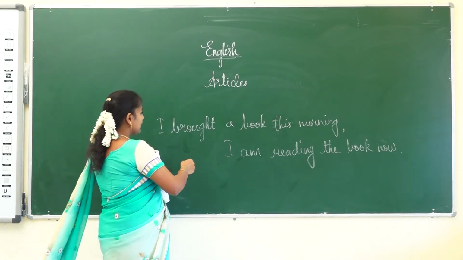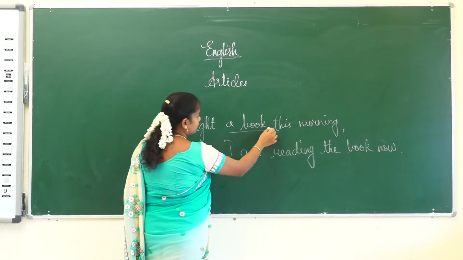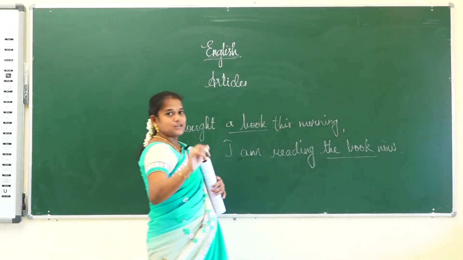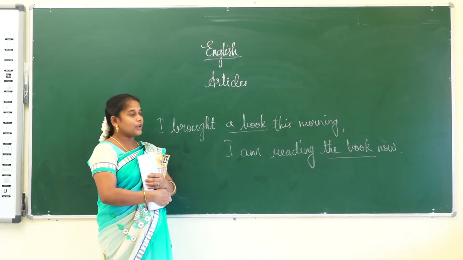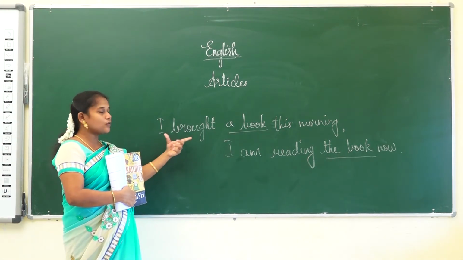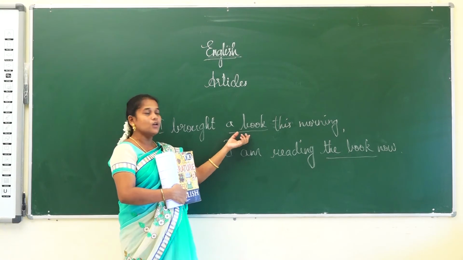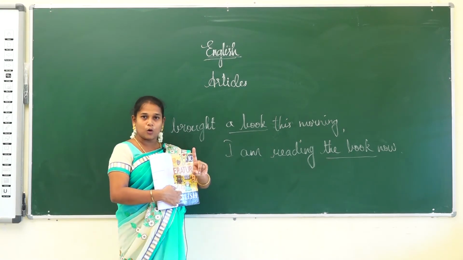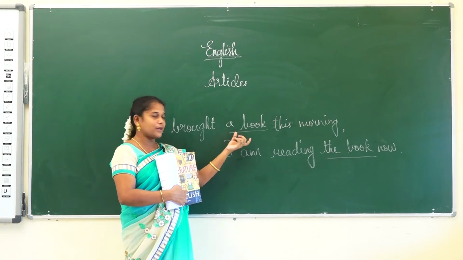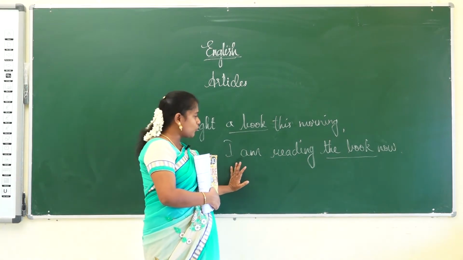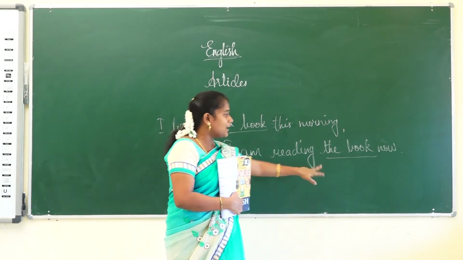See, here they have used the word a book, and here they have used the word the book. This is a difference we have to learn: how we use the terms a book and the book. According to the rule of the consonant sound, we applied a here, a book, a singular noun with a consonant sound. Then you may raise a doubt: why are we again using the book?